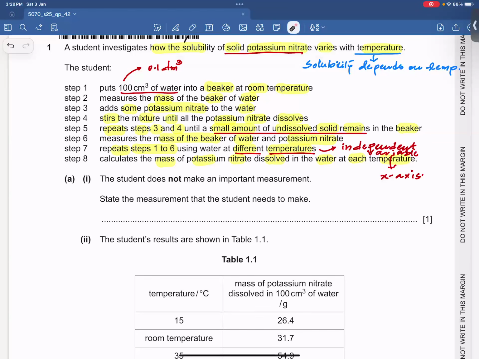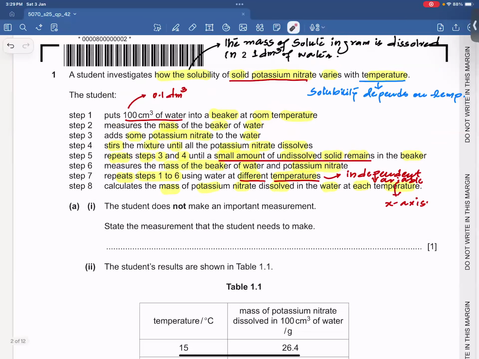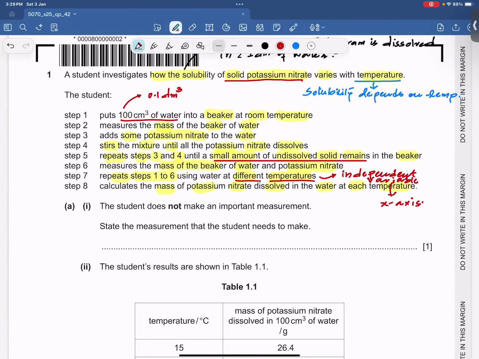Why is it an independent variable? Because what we change is the independent variable and we are changing temperature. And what we measure is the dependent variable, and we are measuring the solubility in water.